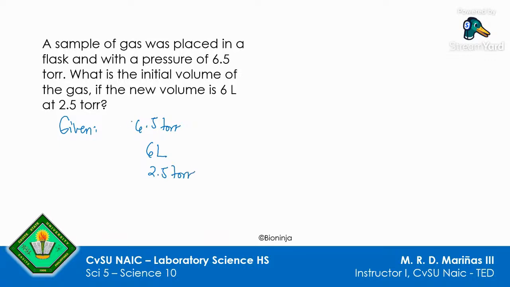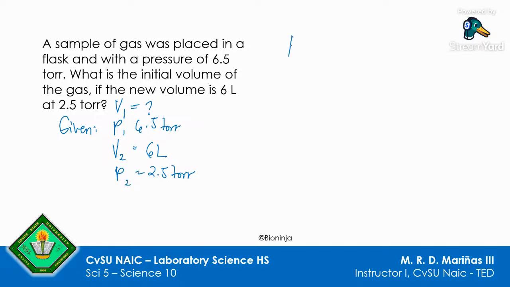Ang hinahanap natin dyan ay yung initial volume. So we are looking for V1 here. Okay? So ang initial pressure natin is 6.5 torr. So this one is P1. So the new volume is V2 and the new pressure P2 is 2.5 torr.